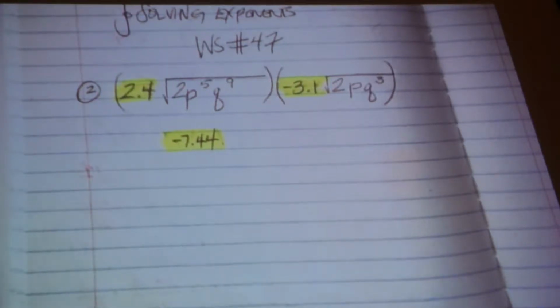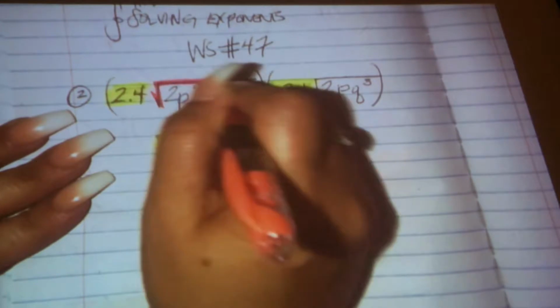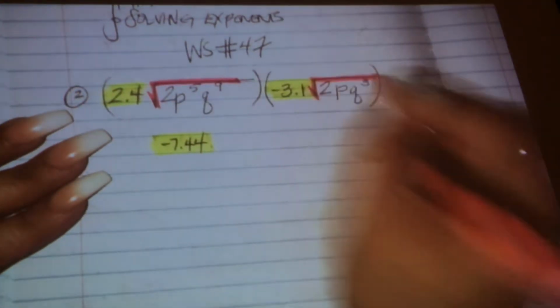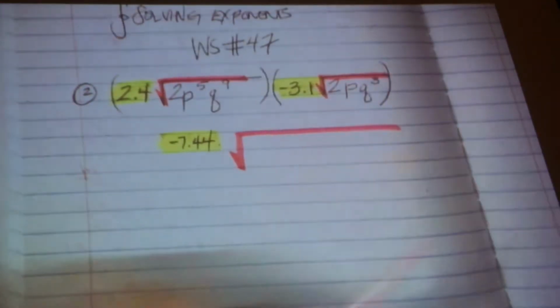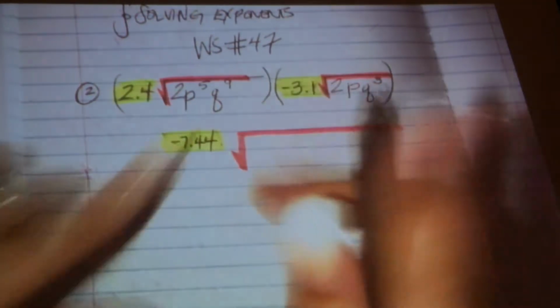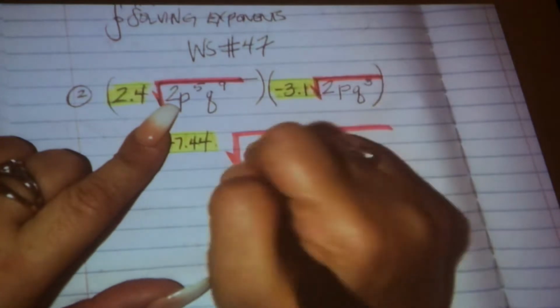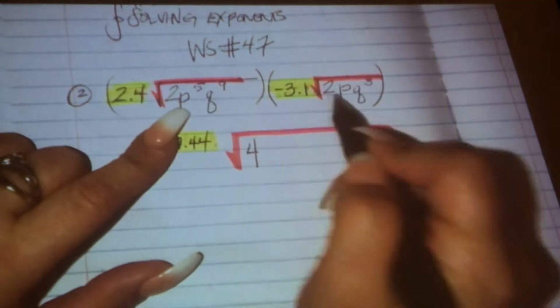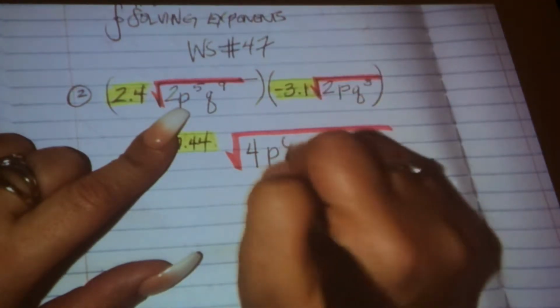Then you're going to multiply everything that's under the square root and put those together. So this entire square root and this entire square root are going to be under one square root now. And that's how we're going to get 4, because 2 times 2 is 4. P to the 5th times p, that's p to the 6th.